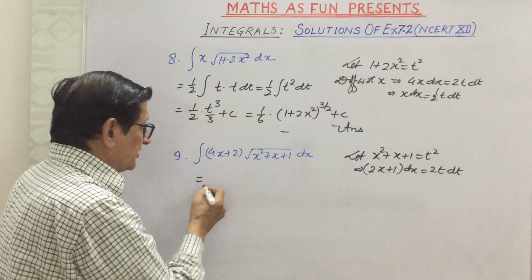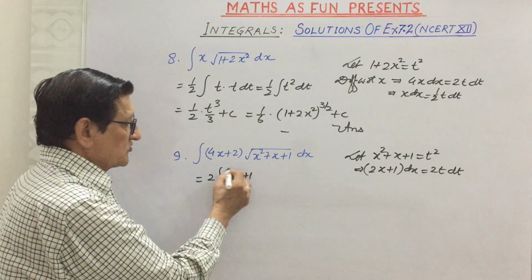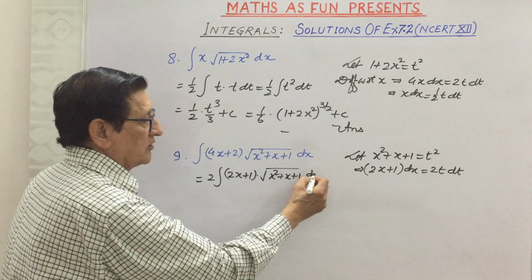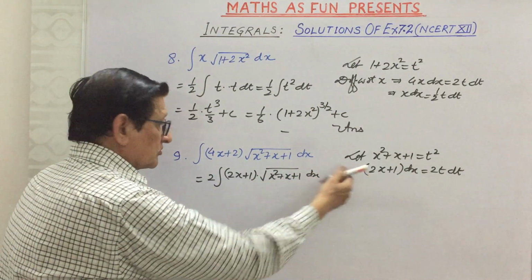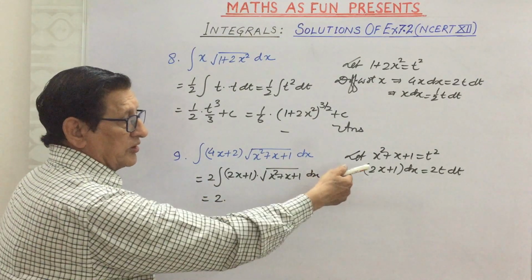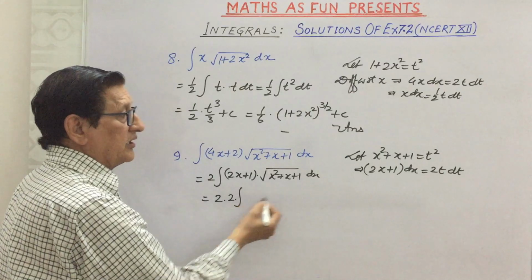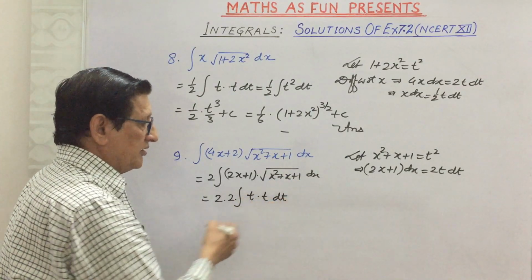What we see here is, if we take 2 common from this, it becomes 2 into 2x plus 1 into root of x square plus x plus 1. And hence, if we substitute this here, we are getting 2 into 2, this will be t dt and this is t. So t into t dt.